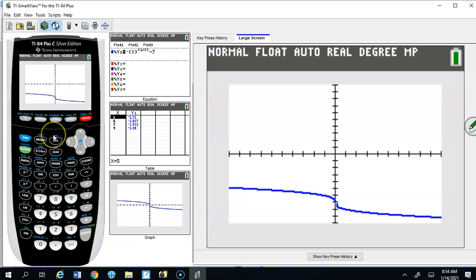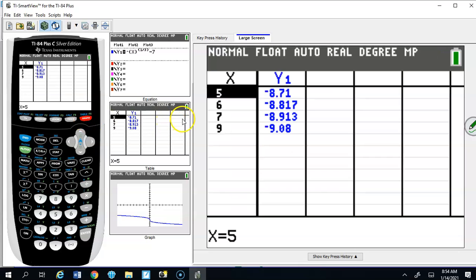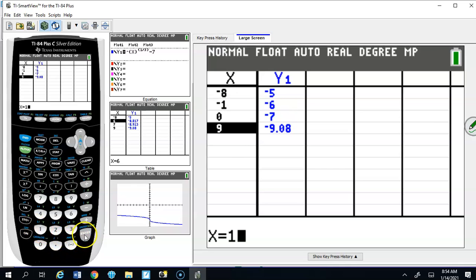Okay. And now I'm going to go to second, and I'm going to go to the table function. And I'm going to put in the values that we talked about. I'm going to put in -8, enter, and then I'm going to go -1, and then 0, and 1, and 8.